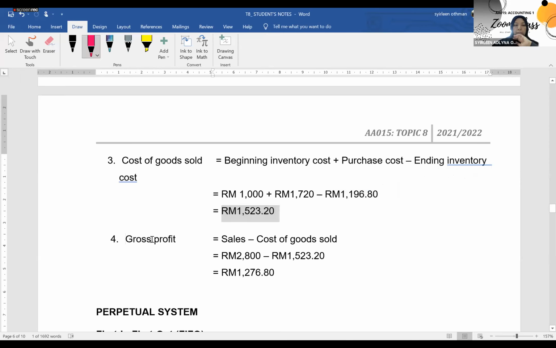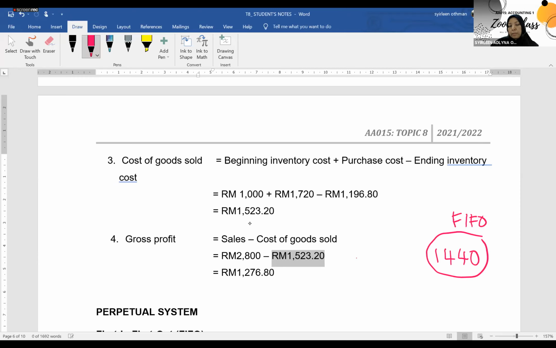So when you are calculating your gross profit, your sales remain the same amount as FIFO. Sama je kan? Sebab kita memang jual pada harga yang sama dan kita jual pada kuantiti yang sama. Cuma bezanya cara awak mengira cost untuk inventory. So previously your cost of inventory is 1,440. Ini kalau guna FIFO.